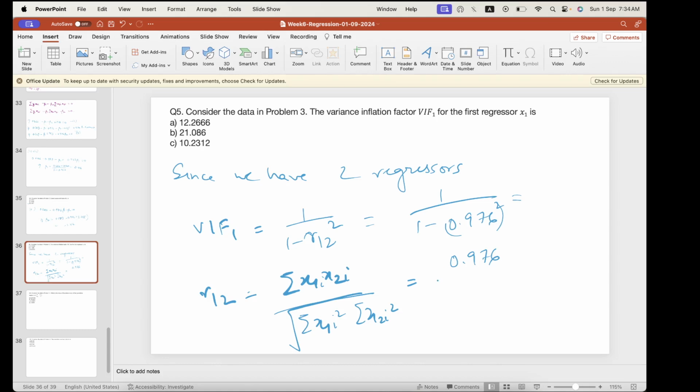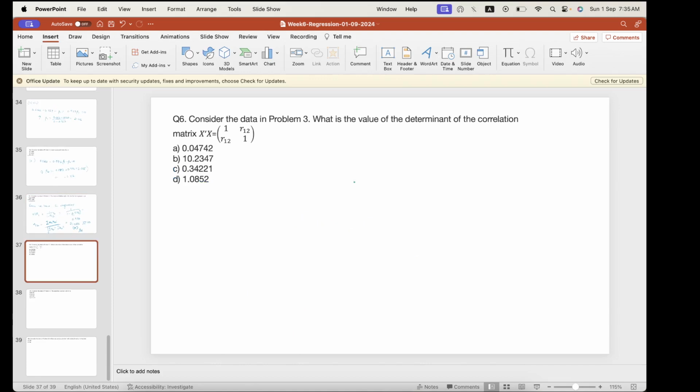So this is equal to 21.086, which is greater than 10, and thus there exists multicollinearity. So this will be 21.086, which is option B is the answer. All right, moving on.